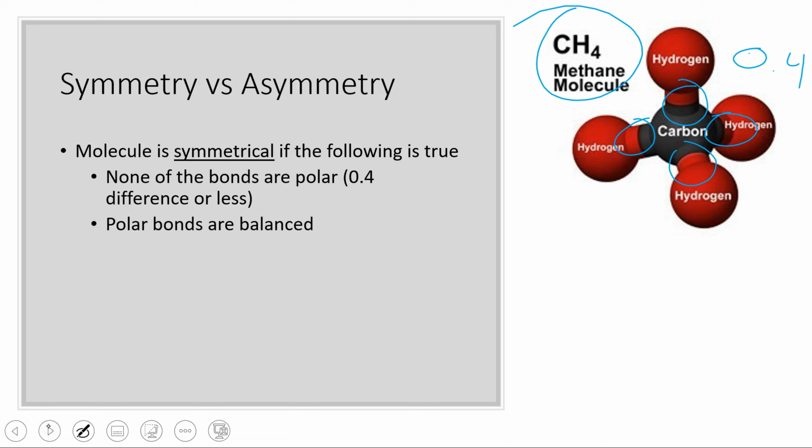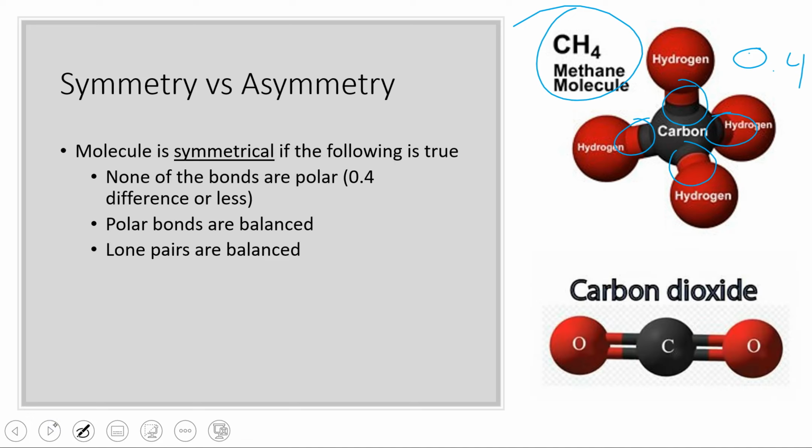Now, sometimes, like I mentioned before, we can have polar bonds, right? But if they are balanced, we are still symmetrical. And again, we'll go back to that carbon dioxide, right? So we have polar bonds here, balanced out by polar bonds there, okay? And likewise, if we were to draw our lone pairs on here, so we got 1, 2, 3, 4 lone pairs there, balanced out on both sides.